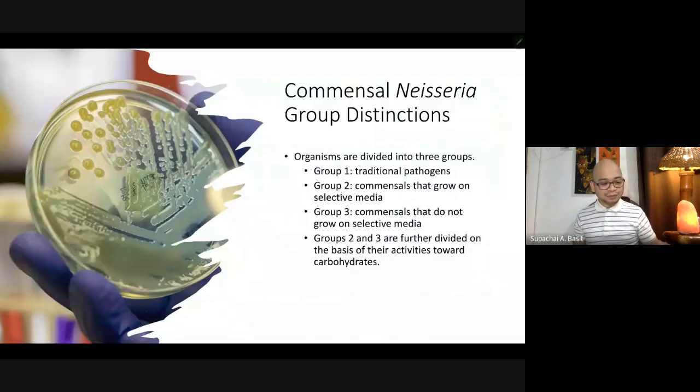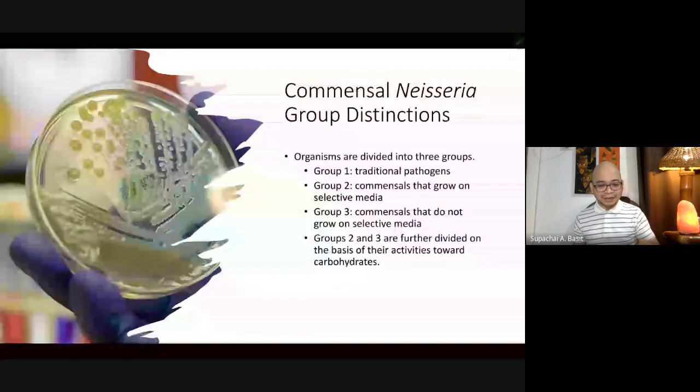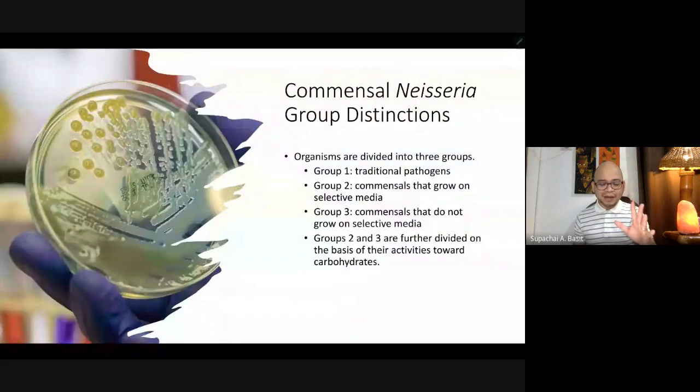Okay, so we will be discussing them one by one. And commensal Neisseria group are actually divided into 3 groups, no? So group 1 are the traditional pathogens. So pag sinabi natin traditional pathogens, ito yung mga Neisseria gonorrhoeae and Neisseria meningitidis.